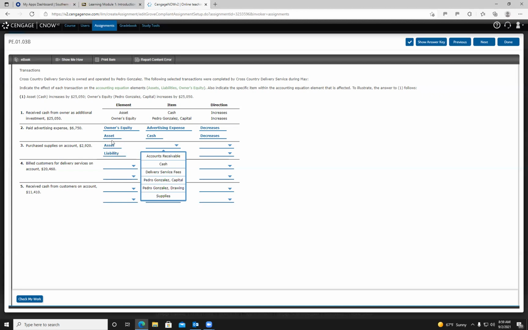So first thing we're doing is we purchase supplies. So the asset that is being affected is supplies, and the liability that's being affected is accounts payable. And we're increasing both. We're increasing our asset because we're increasing our supplies, and we are creating debt. So we're increasing a liability.